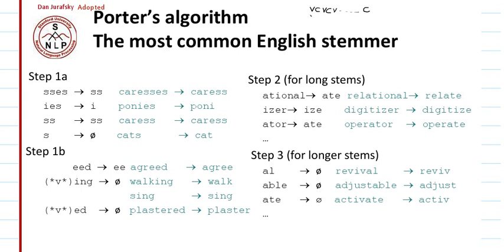Similarly, starting with a vowel and ending with a vowel, and vice versa, starting with a consonant. Here a single C may be a group of consonants, or it may also be a single one.